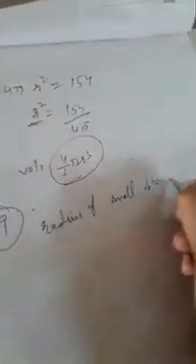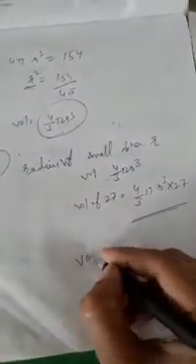Radius of small sphere is r. Volume is 4 by 3 pi r cube. Volume of 27 spheres is 4 by 3 pi r cube into 27. Now this is equal to the volume of one big sphere, because these 27 are combined to make one big sphere.